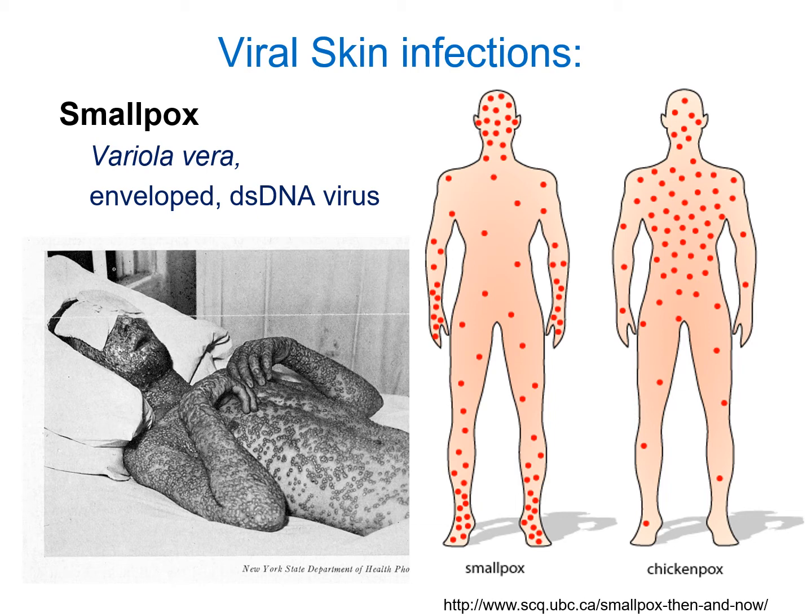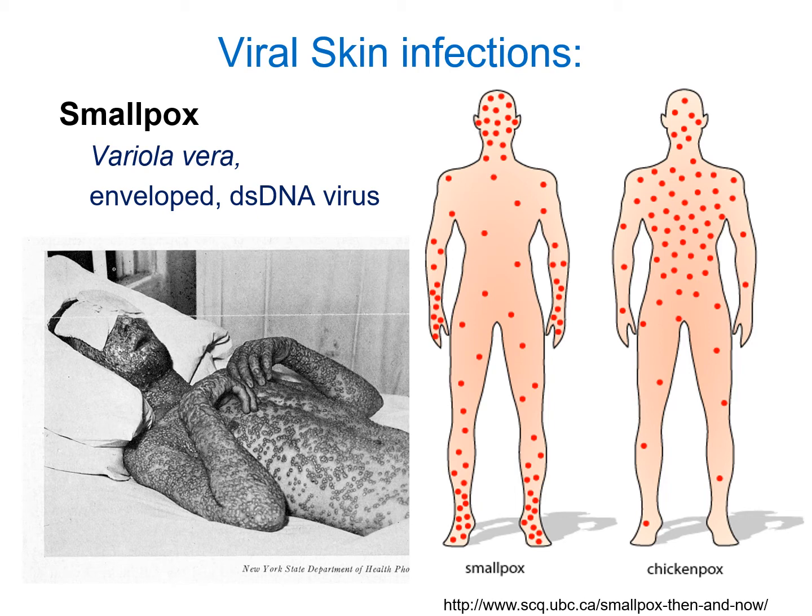It's important to note that smallpox and chickenpox are not caused by the same group of viruses, and they are quite different in their effects. Pox is a term for a mark on the skin. So a pox is a pimple-like structure on the skin.